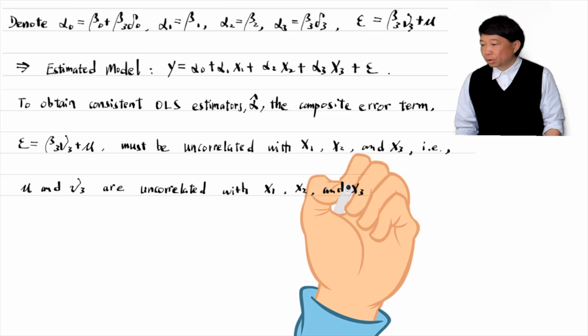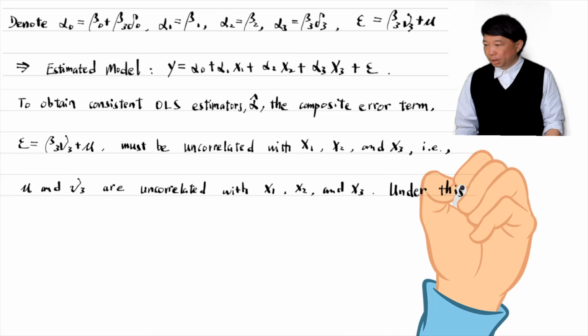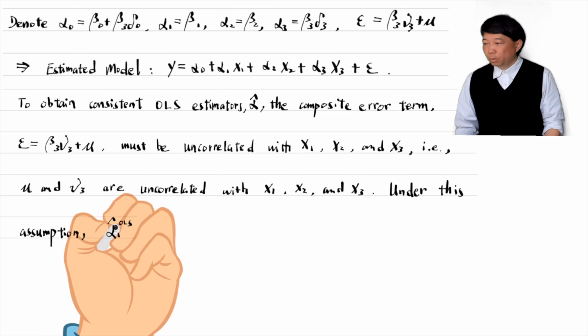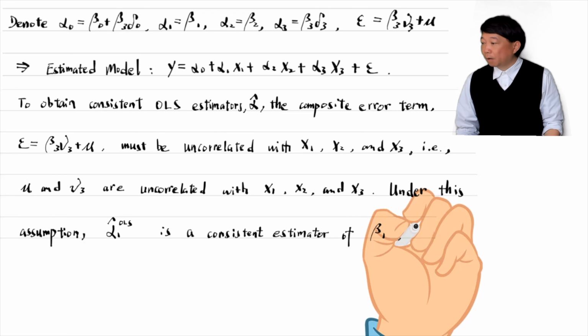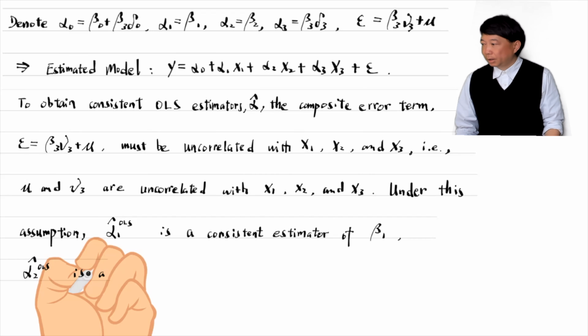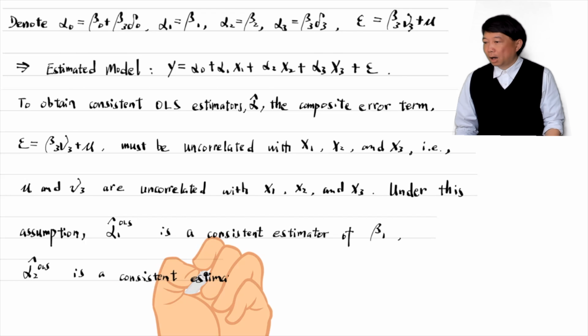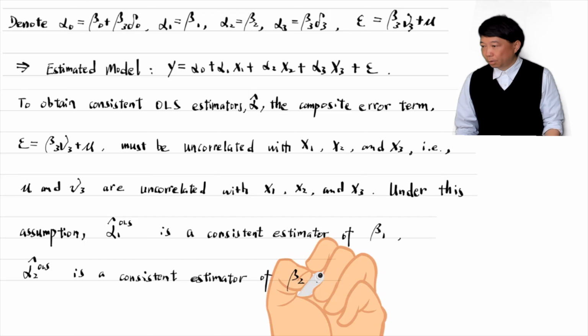The no correlation assumption implies that both mu and nu3 are uncorrelated with all the explanatory variables. Under this assumption, the OLS estimators alpha 1 hat and alpha 2 hat in the estimated model are consistent estimators for the population parameters beta 1 and beta 2 in the true model.